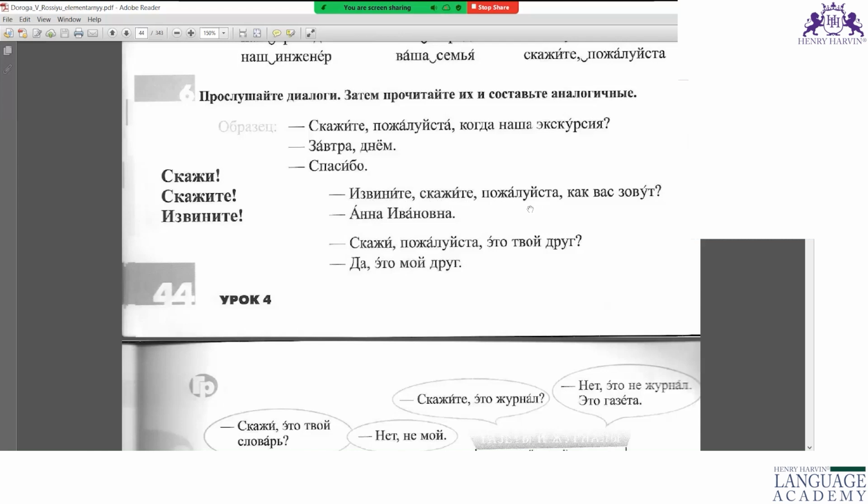Whenever you want to ask anything to anyone you want to be polite with, you can start with извините, скажите, пожалуйста. Sorry, please tell me. Извините, скажите, пожалуйста, когда урок? Извините, скажите, пожалуйста, что это? Etc. Okay, next. Скажи, пожалуйста, это твой друг? Да, это мой друг. Друг is friend, and we see it's male here. Female will be подруга with ending а.